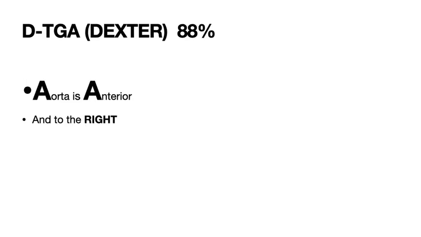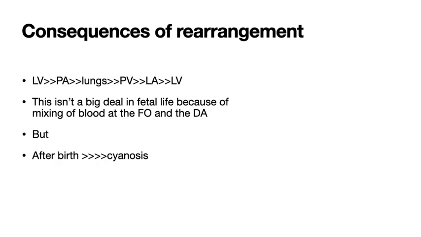Now, 88% of the time, this transposition is going to be with the aorta being anterior. And that's considered dexter, or the normal d-looping goes on in embryology with the aorta anterior and to the right, dexter. Well, the consequences of this rearrangement is that the left ventricle goes out the pulmonary artery instead of the aorta.